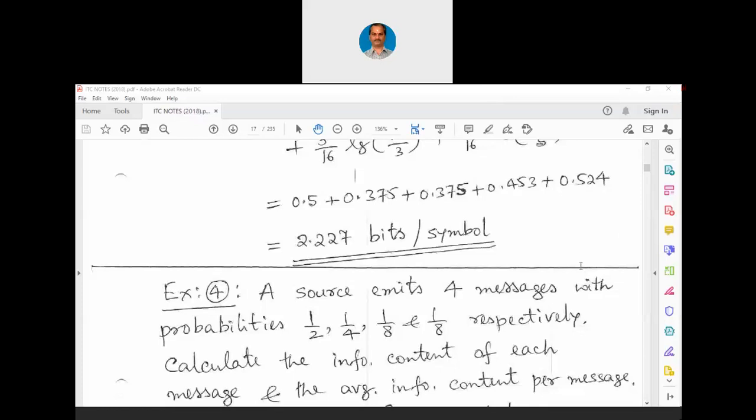Gaurav did it and he has given the answer 9. Let me see. Let others also give the answer. Anjali has given the answer as 1.75.